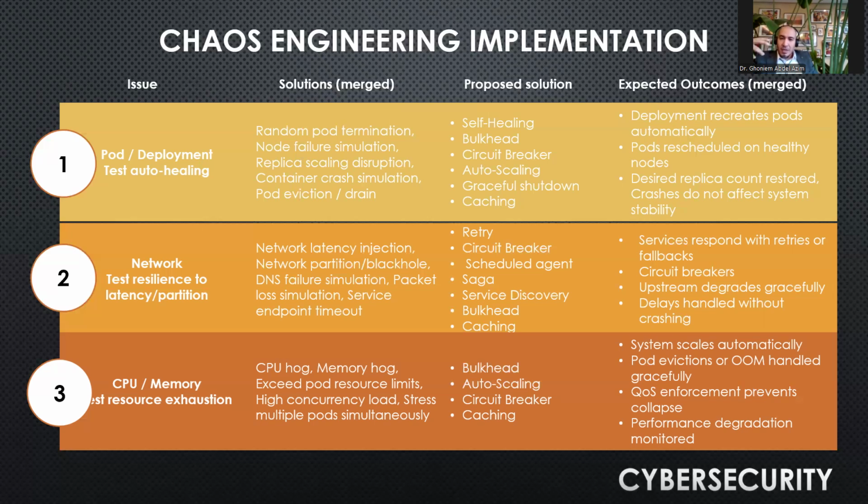As you can see here, within the three cases there is a standardization of the implementation: for example, self-healing, the bulkhead, the retry mechanism, the circuit breaker, the enterprise caching mechanism. All of these approaches we have discussed within the microservice design patterns, as they touch the resiliency of the solution.